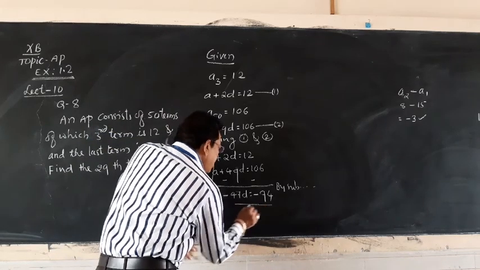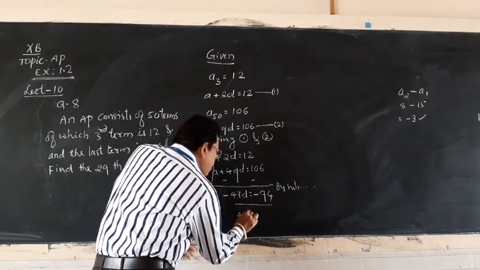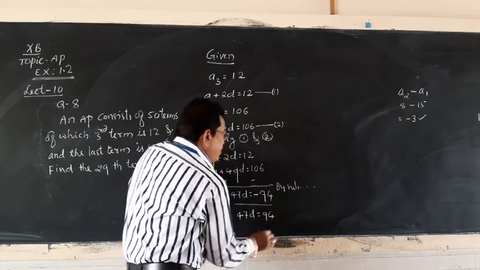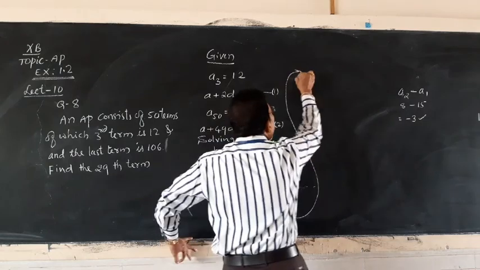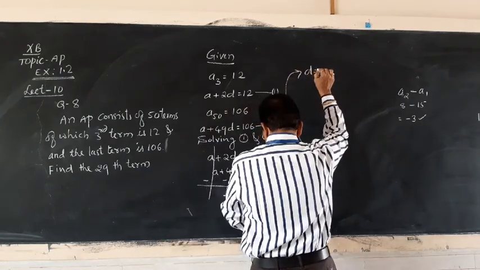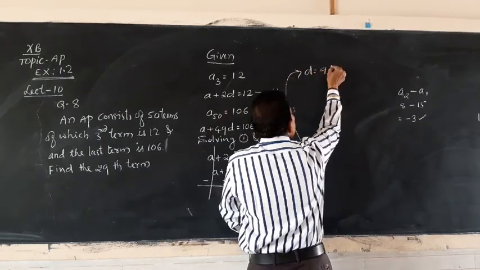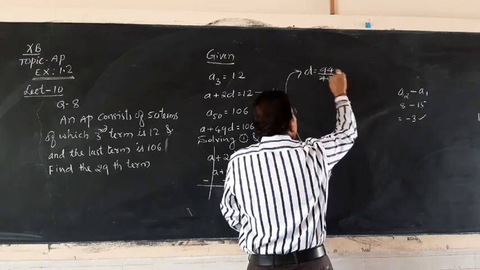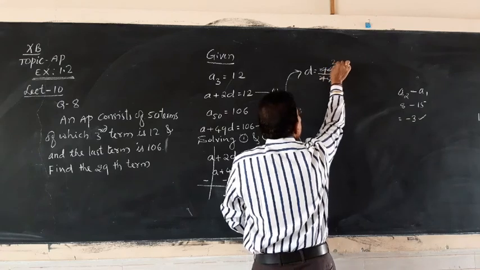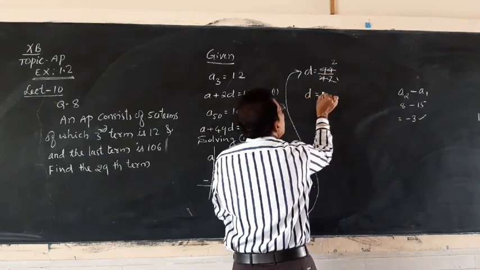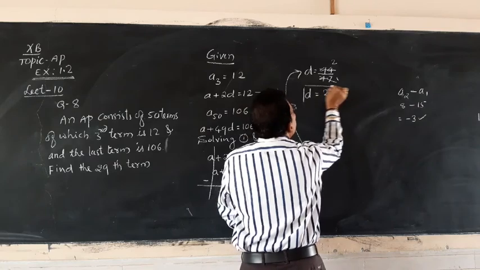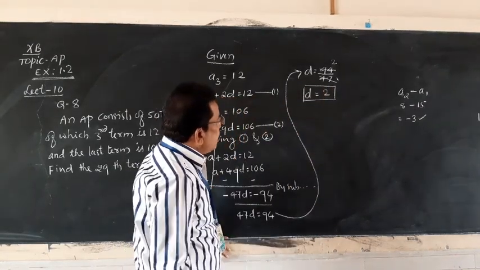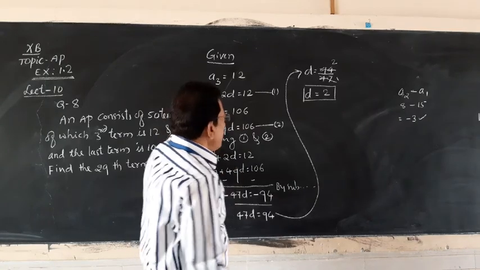Same signs are there, so we leave the sign. 47D equals 94. Therefore D equals 94 divided by 47. 47 ones are 47, twos are 94. That is D equals 2.